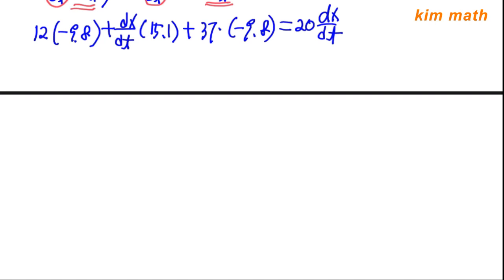Now dx/dt is here and here. So to combine them, I will subtract 15.1 dx/dt from both sides. On the other side, you have 20 minus 15.1, which is 4.9 dx/dt. Good. On the other side, negative 9.8 is the common factor.